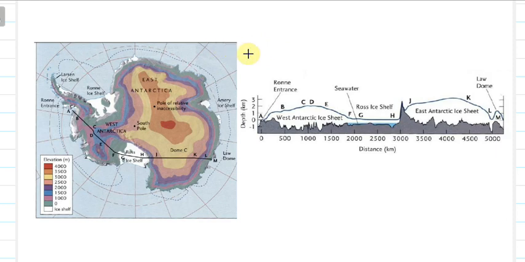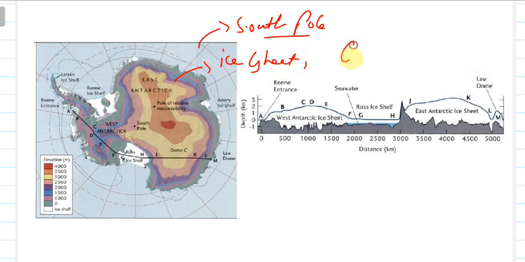This is just an example of the ice sheet that is covering the South Pole, that is Antarctica. Antarctica is a continent, and over that you have this wide ice sheet which is also known as the Continental Ice Sheet.